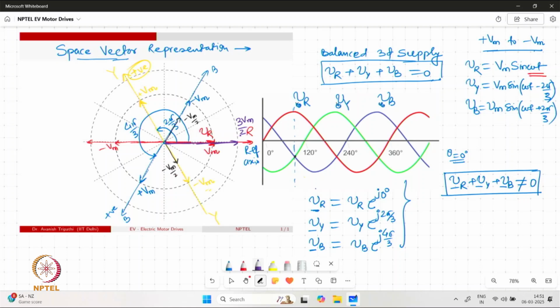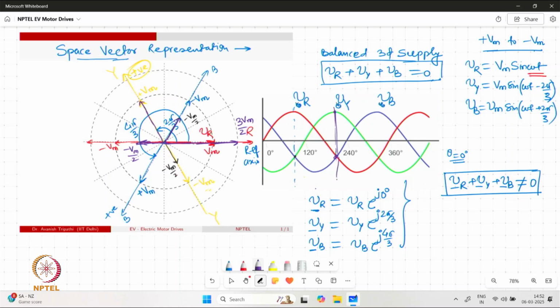Now if we move from this point, this omega t, to another point, say where y is having the highest value, what we are finding is that the vector Vy is having a value plus Vm, and R and B are having a value of minus Vm by 2 on the negative side. So R and B both have minus Vm by 2 values.